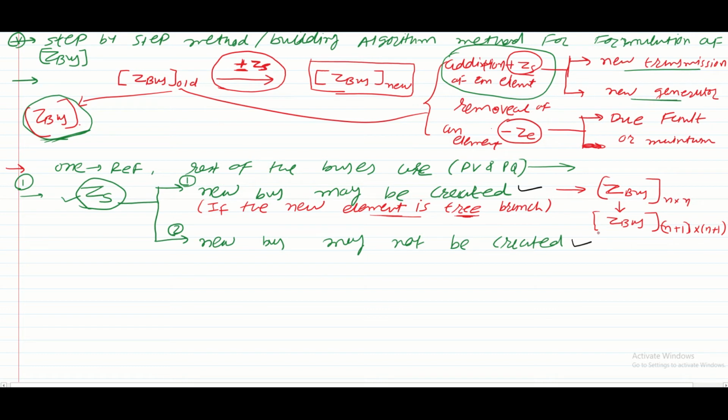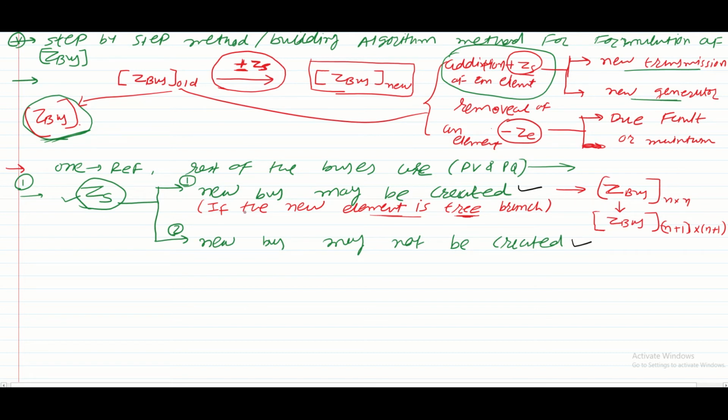Clear? So this is the first possibility. If the new element is a tree branch, then there may be a chance of creation of a new bus in the network, and if the new bus is created, then the size of the Z-bus matrix will update. We will see this during the derivation and example also.